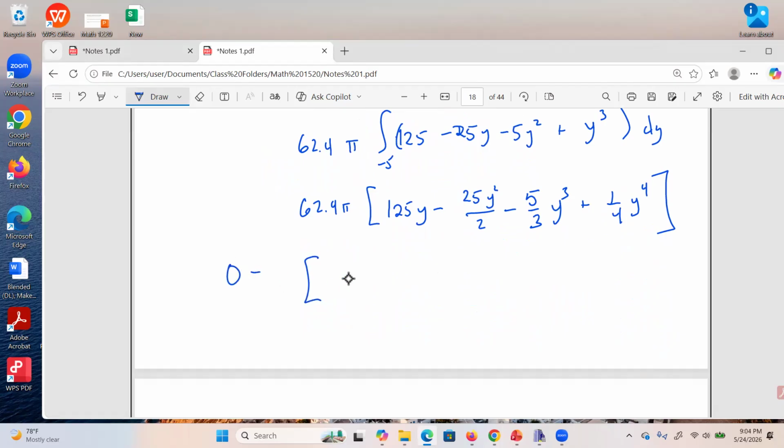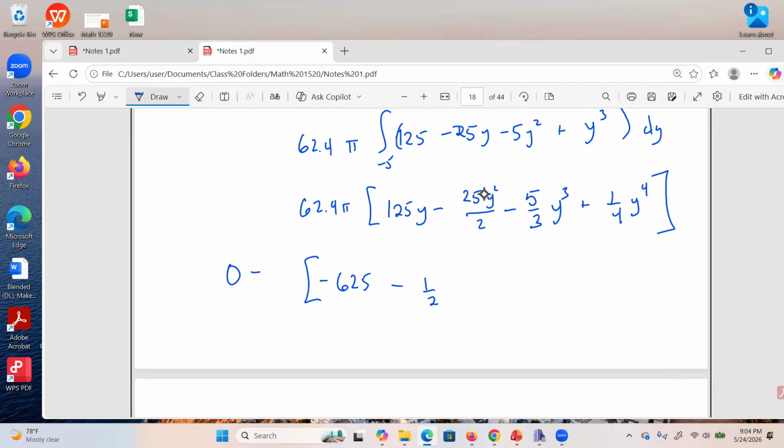Then we plug in our -5 here. So we have -125 times 5. I'm going to beat you to the punch: 125 times 5, I know that's 5 to the 4th, but it's 625. So that's a negative 625. The 5 squared, squaring makes positive, so we still have a minus 25 times 25 over 2.